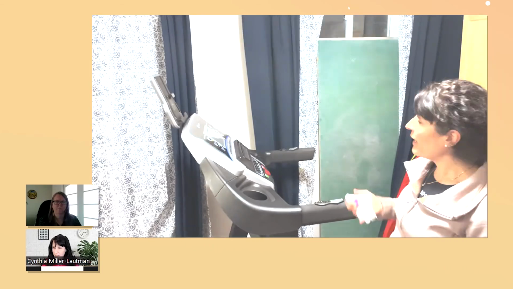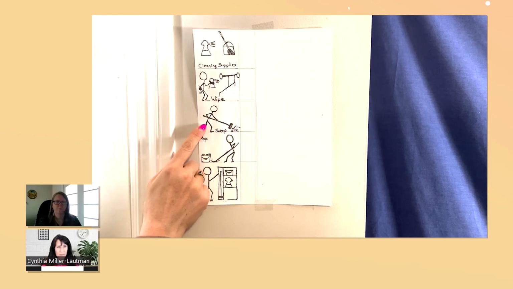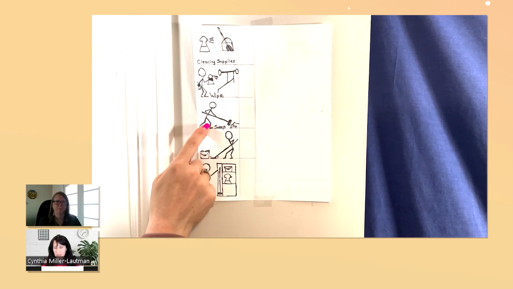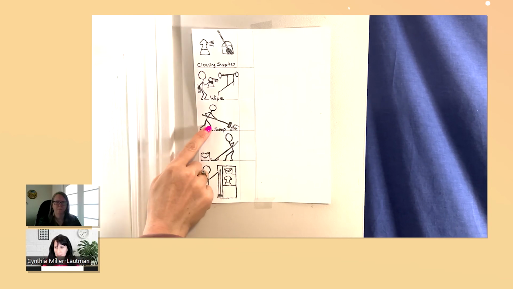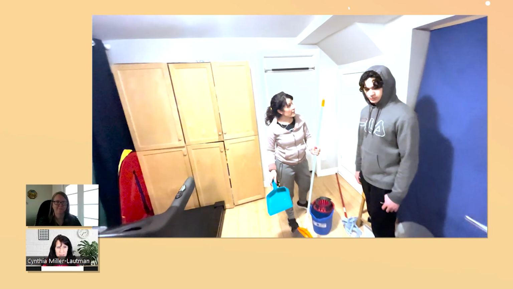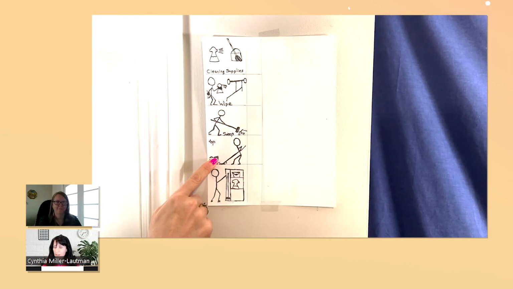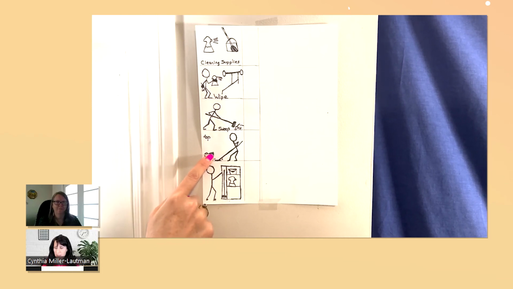And I would need you to clean the treadmill, anything that people touch. And the third one here is you would start off by sweeping the room. After you've wiped down the equipment, you would then sweep the room using the broom and the dustpan. And I'd like you to sweep the whole floor area. The next one is, and last step, is mopping the floor. So you would mop the floor.